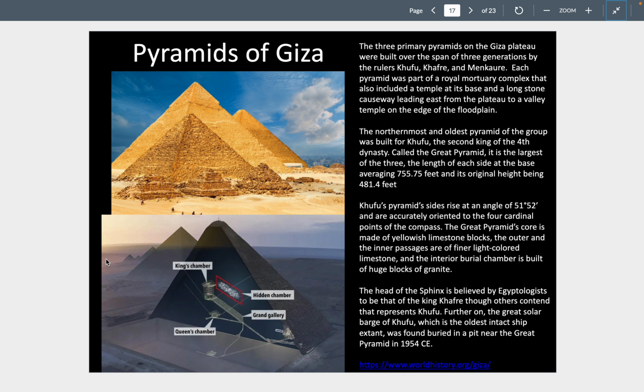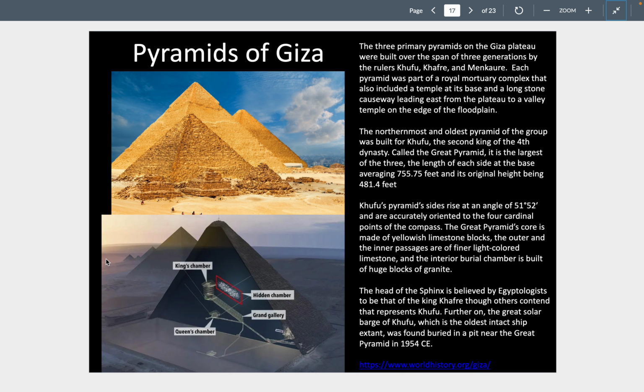The most northern is the oldest of the pyramids. This is the second king of the 4th dynasty, called the Great Pyramid, and is the largest of the 3. Khufu's pyramid is rising at angles of 51 degrees and is accurately representing the cardinal points of north, south, east, and west.